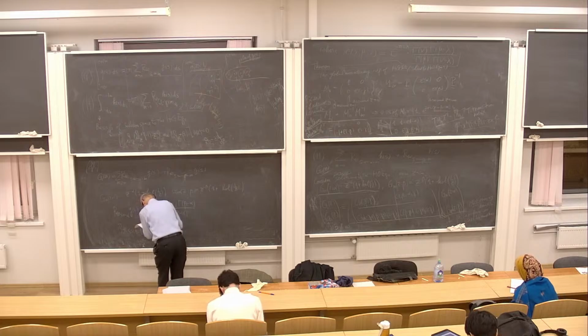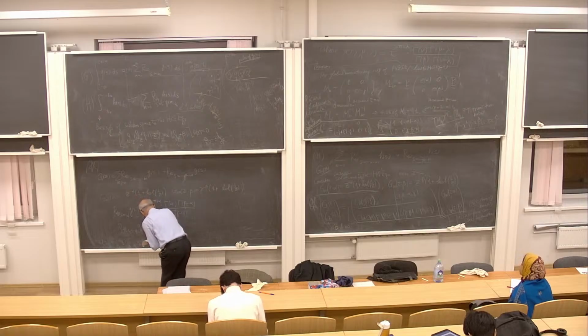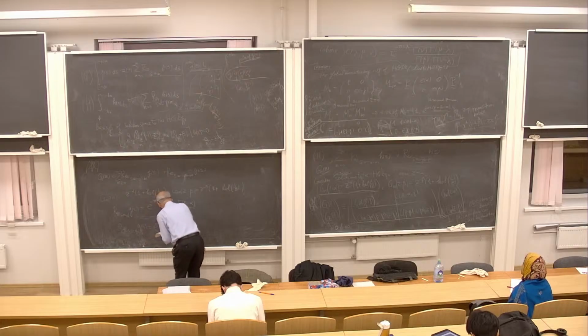What is this? So this is e to the power minus pi i beta times gamma beta, gamma alpha minus beta, gamma minus beta.